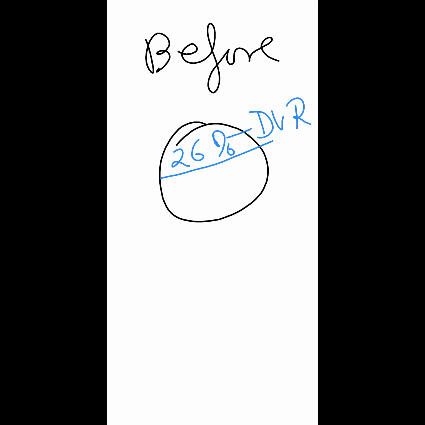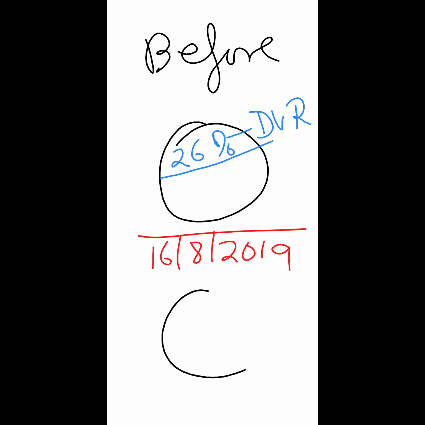Then on 16th August 2019, there was an amendment. After the amendment, the scenario became different. If this is the total capital of the company, then now this much, 74 percent, can be issued by way of DVR.